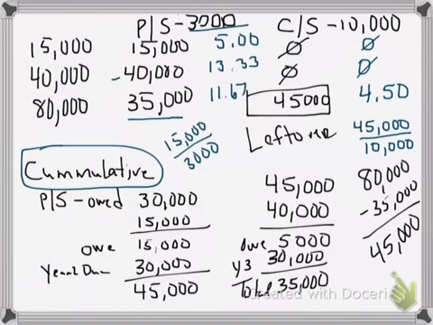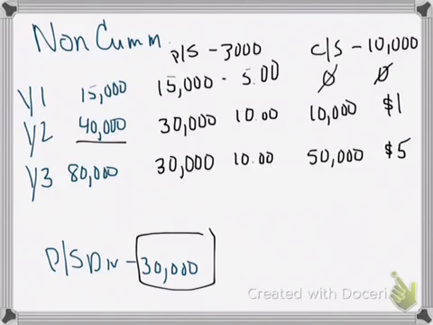When I look at the cumulative, however, they're owed 30,000 every year, so I have to keep track of the amount that is in arrears and add it to what they're owed for the current year. I do that every time period until I get to a place where they don't have any money in arrears and they're just getting their $30,000. So those are some of the things to look at as far as this dividend worksheet goes.